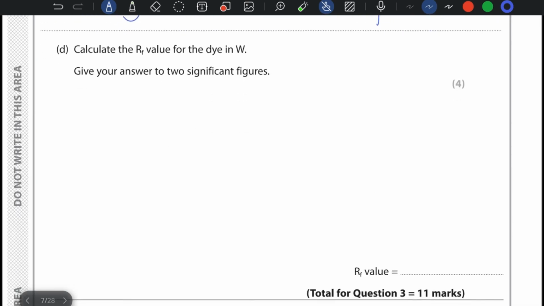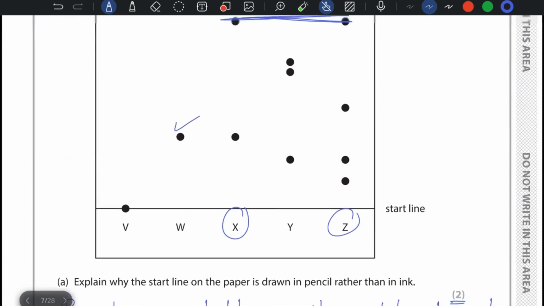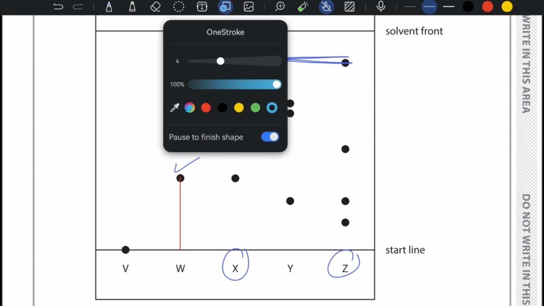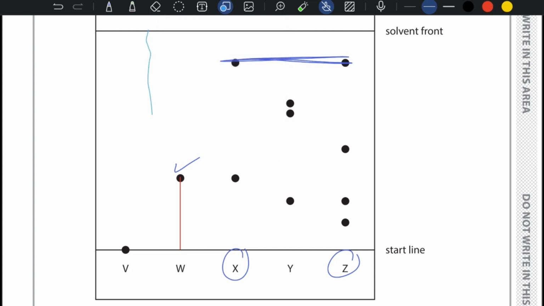Next question, calculate the Rf value. Calculate the Rf value for the dye W and give your answer to 2 significant figures. He asks about W. You have to measure the distance to the spot right here, this distance, and also you have to measure the distance to the solvent front, let's say from here to here, and you have to divide the 2 distances.